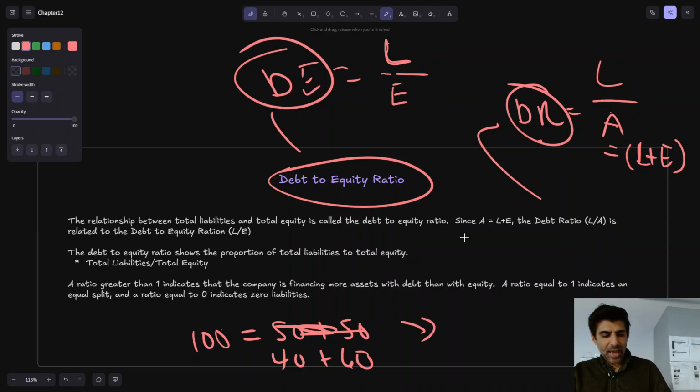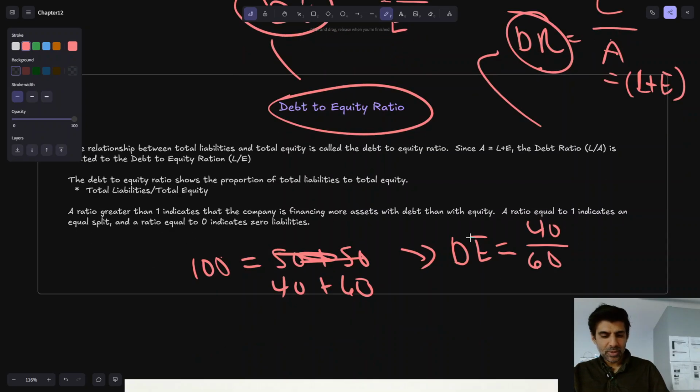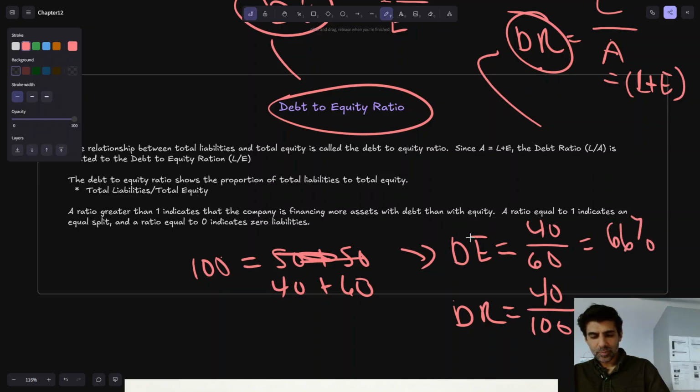Your debt to equity ratio is equal to total liabilities, 40, divided by 60. Your debt ratio is equal to 40 over 100. So this is going to be equal to 2/3, so 66%. And this is equal to 40%.